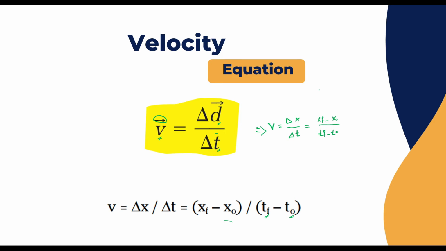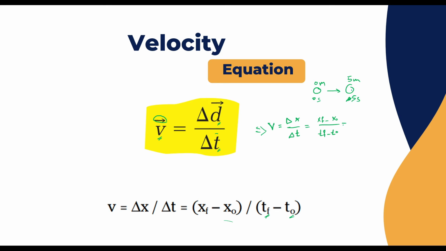In case of the ball, again, it moved from 0 meters at 0 seconds all the way to 5 meters, and it had 5 seconds of time to reach that point.